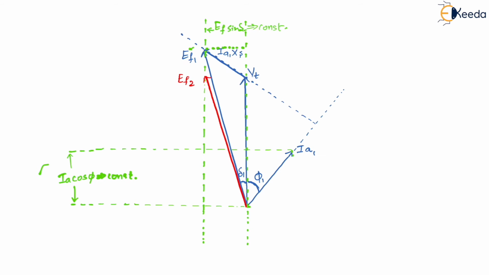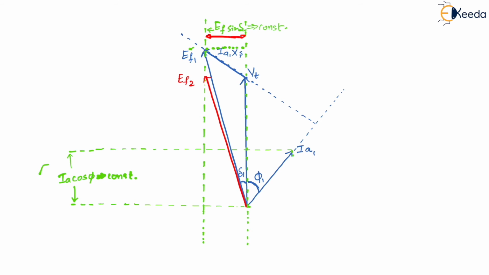Why? Because EF2 sine delta has to be the same or not? Yes. This distance has to be the same, which is nothing but EF sine delta. That is the reason my EF2 will not change like this. It should change only the way I have shown, correct or not? That is its limitation.